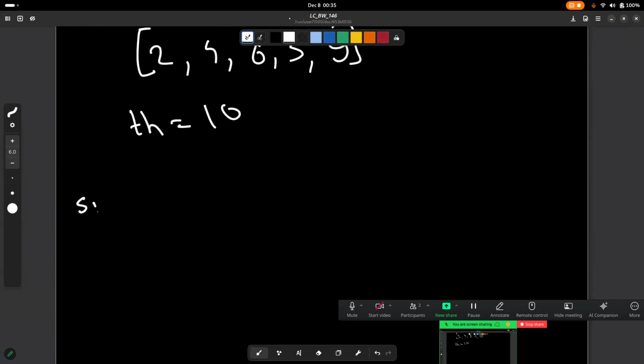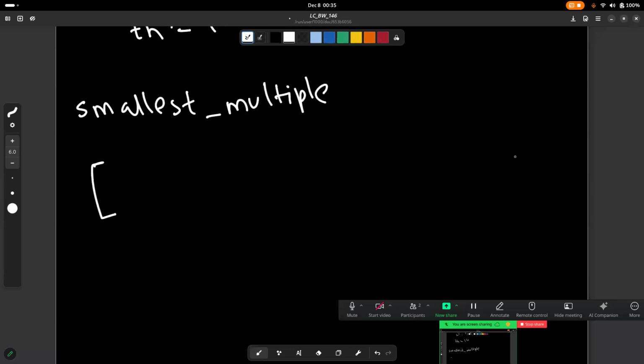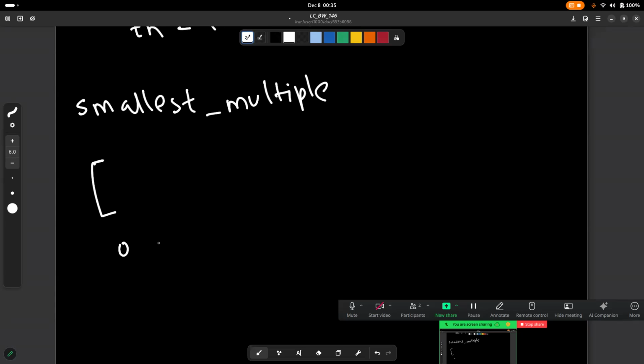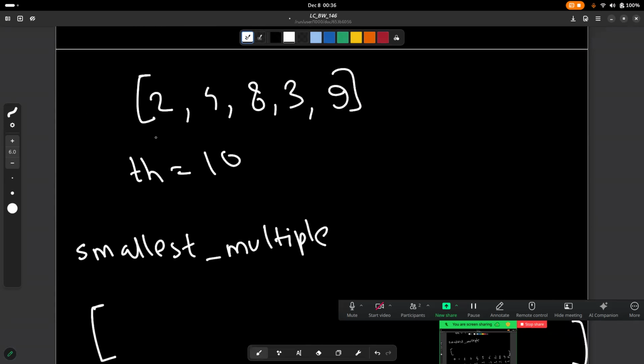We maintain this smallest multiple array, and the size of this array is going to be the size of threshold, like 0, 1, 2, 3, 4, 5, 6, 7, 8, 9, and 10 over here. Initially, all of these are -1. Now we iterate over this array.